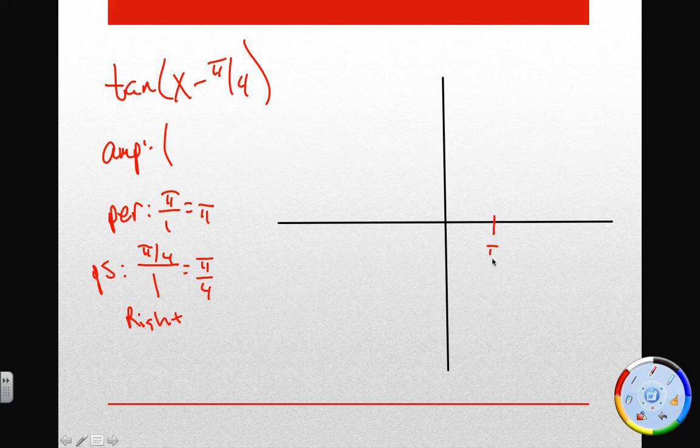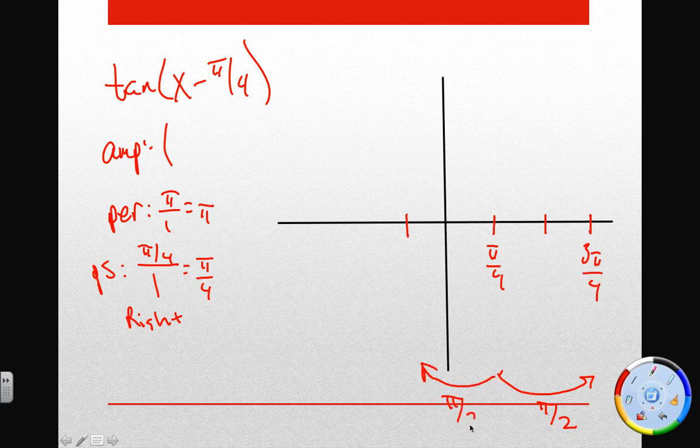So this dash here represents pi fourths. Since my period is pi, I need to go half of that distance to the right and half of that distance to the left. So I need to go this direction, pi halves. So this is 3 pi fourths. And I need to go this direction, pi halves, which is negative pi fourths.